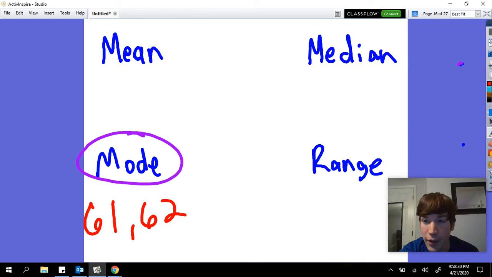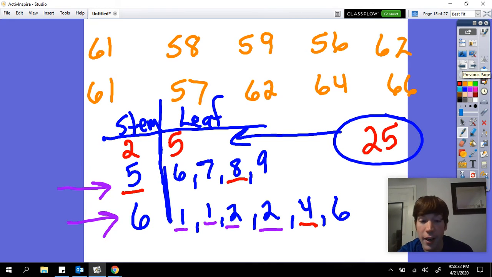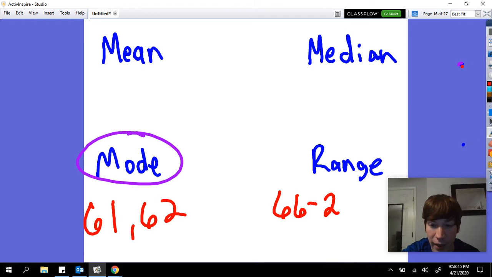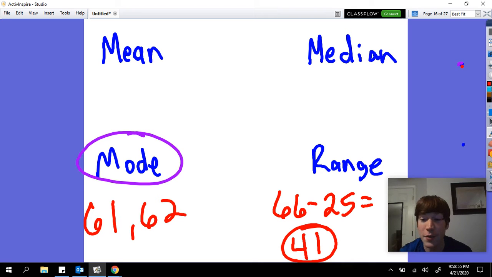The second thing we're going to look for is our range. Remember, our range is the difference between the biggest and the smallest number. Our biggest number is 66, and our smallest number now is 25. If I subtract 66 minus 25, I get 41. Our range now is 41.